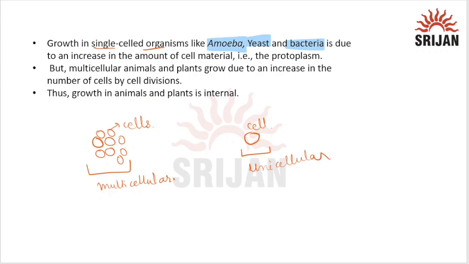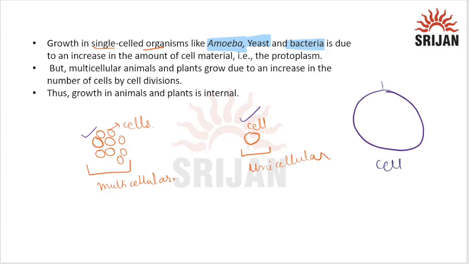The growth pattern is different in multicellular and unicellular organisms. In multicellular organisms, growth happens due to the increase in the number of cells. But in single-celled organisms, only one cell is there, so an increase in the number of cells is not possible. Suppose this is the cell.